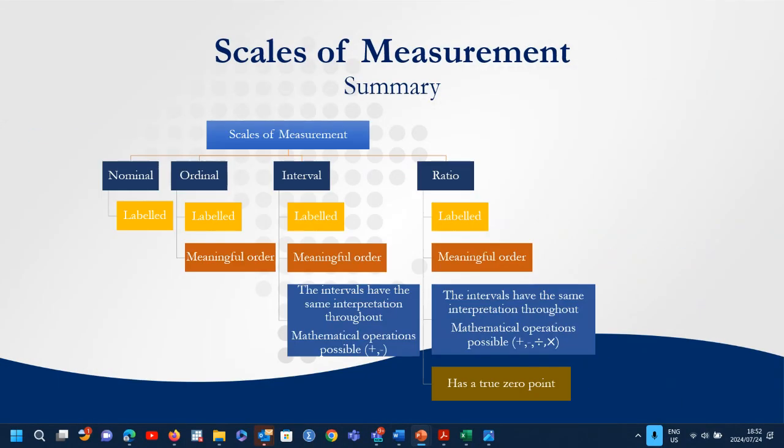So this is a summary. We have nominal and ordinal. Nominal is a category, but it doesn't have order. Ordinal is a category that you can rank. Cancer stage is a category. Others are in stage 1, others in stage 2, stage 3, stage 4.